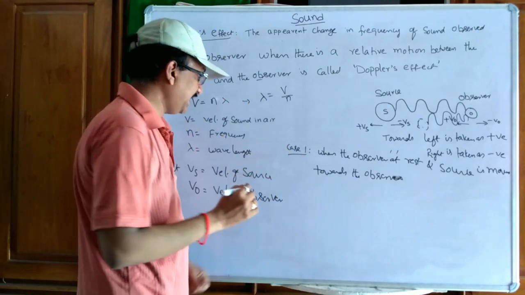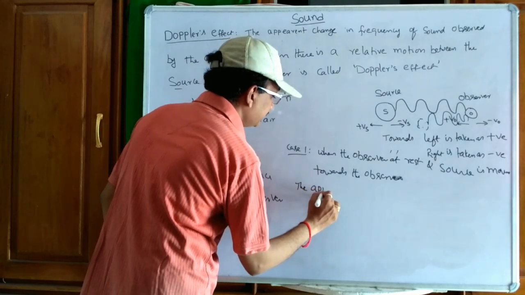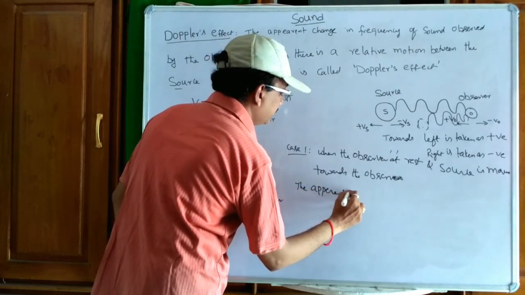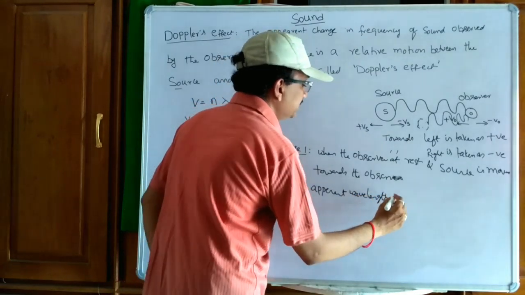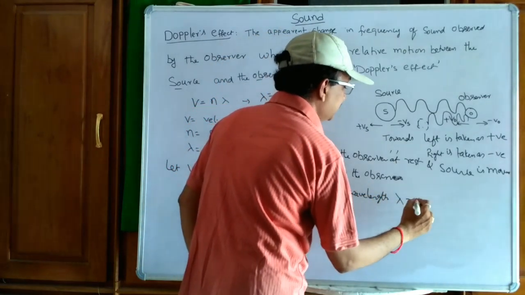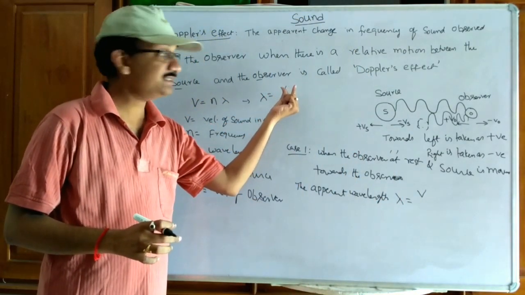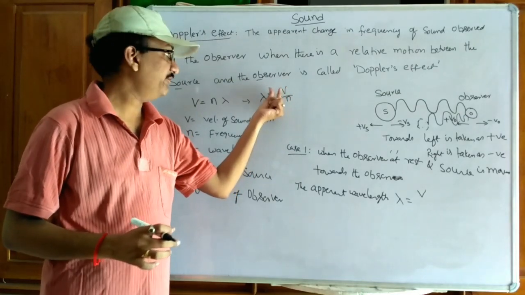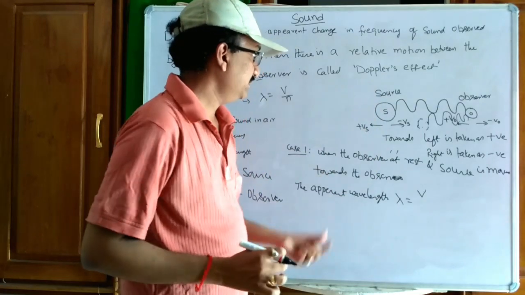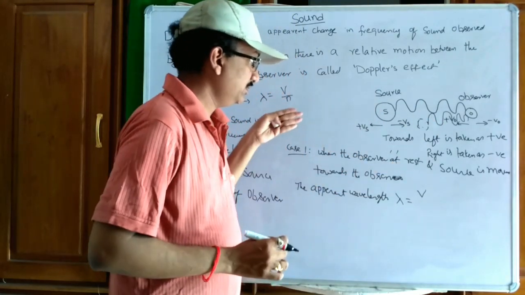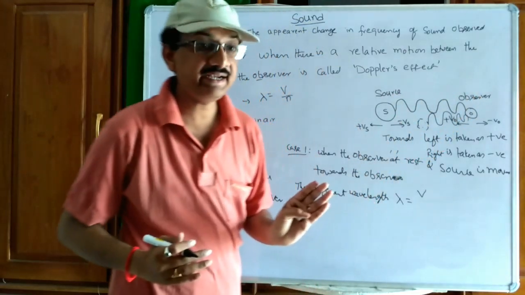Then the apparent wavelength lambda dash is equal to, here V is common, because V means the velocity of sound in air, and the source is moving towards the observer, which means it is moving in the right hand side.